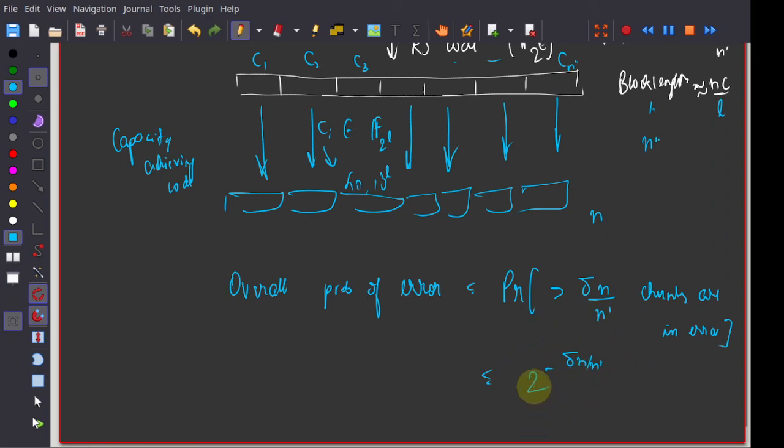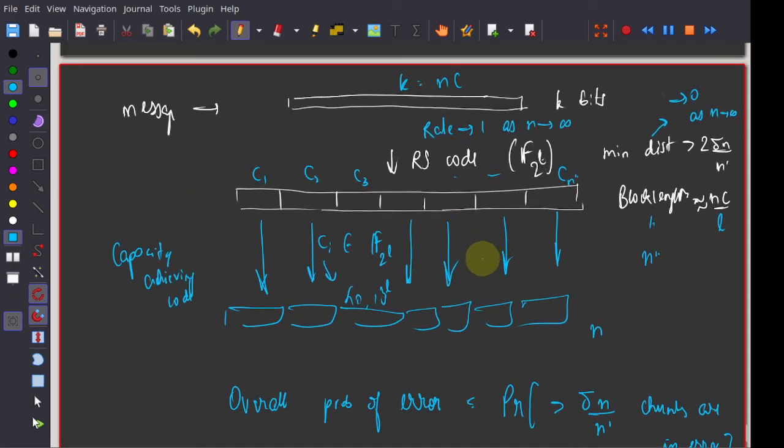What is the rate? Now, the rate is basically the rate of this times the rate of this. Because I originally have k symbols. I'm converting this to some k prime symbols using this code, where k over k prime is close to something.